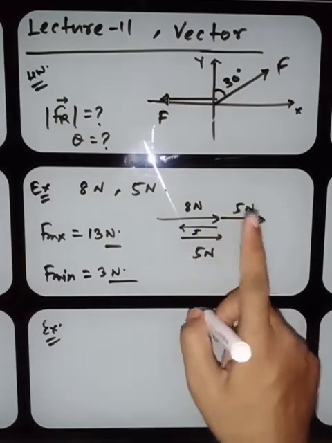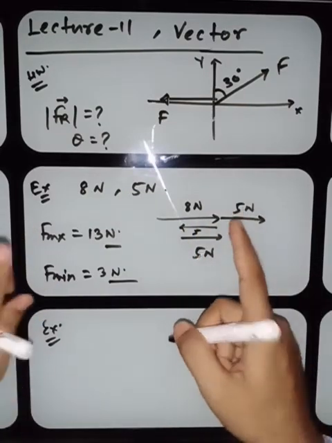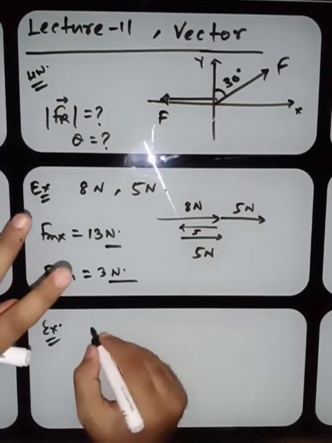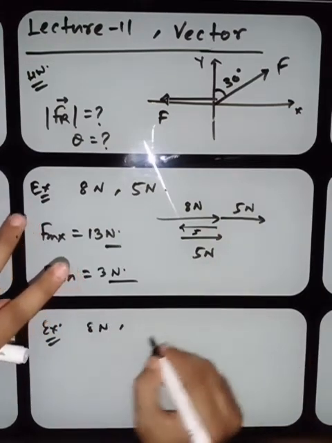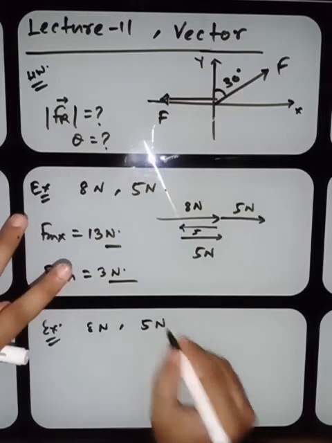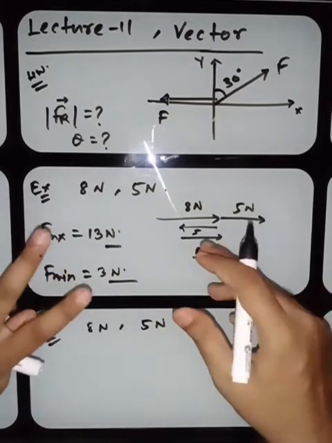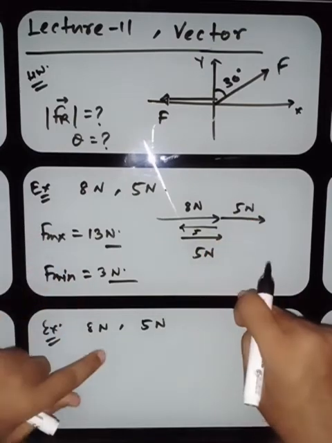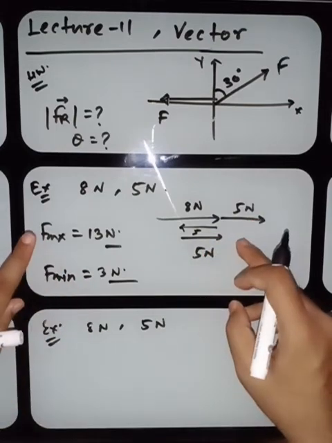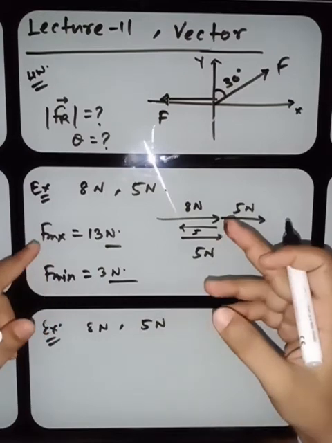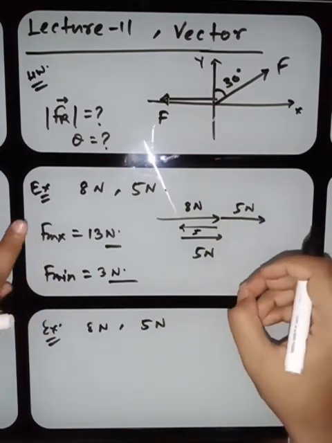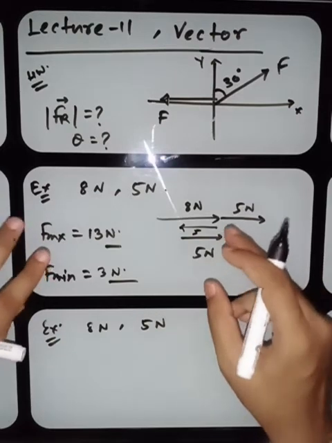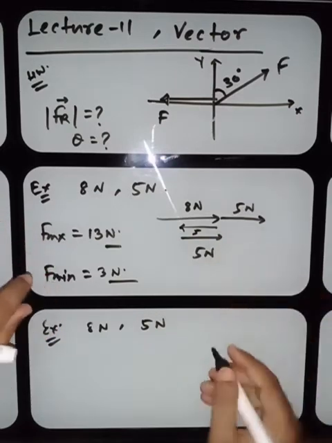Now the next example, my dear students. Kindly note down the question: at what angle are the two forces, again 8 Newton and 5 Newton, inclined to have a resultant of 10 Newton?